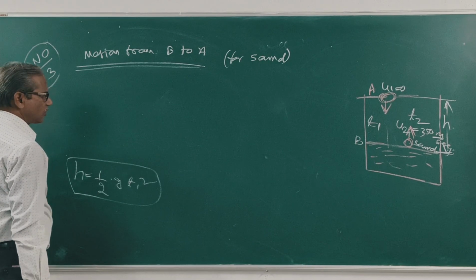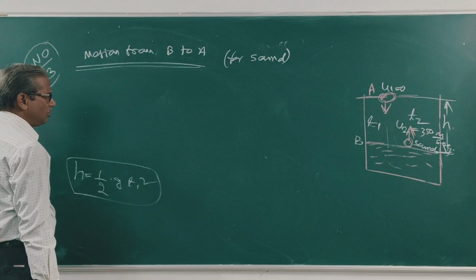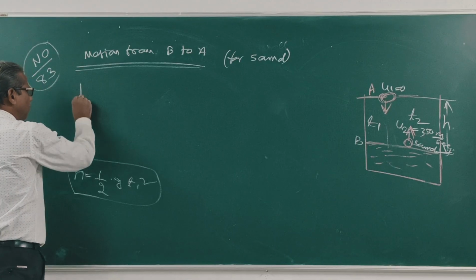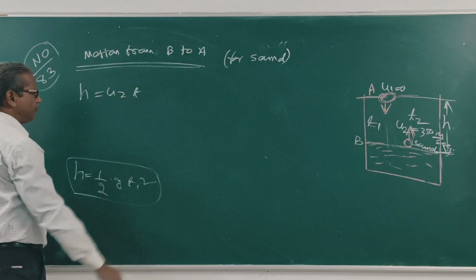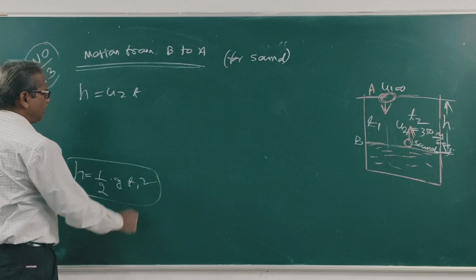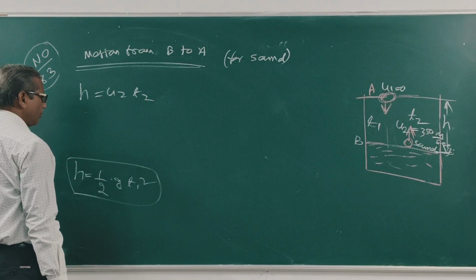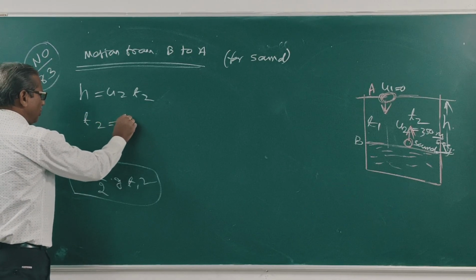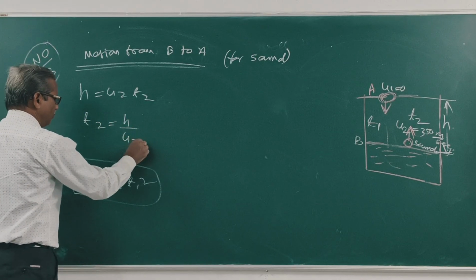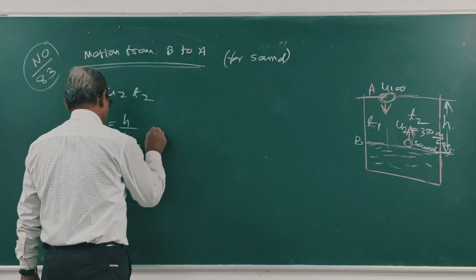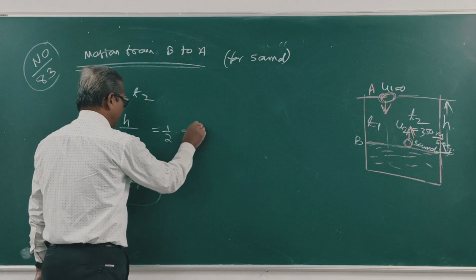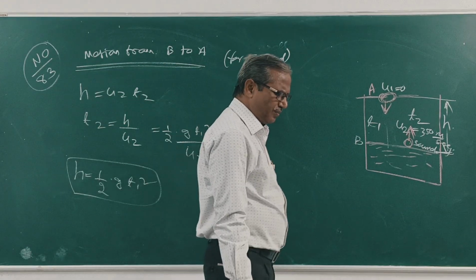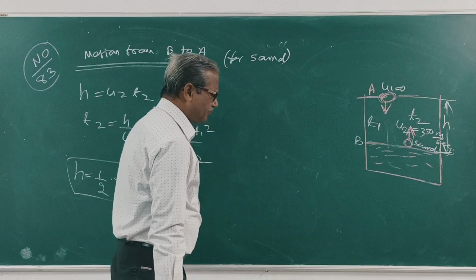For sound, S is equal to V into T, so H is equal to U2 into T2, right? So T2 is equal to H by U2. What is H? Half G T1 square. So T2 is equal to half G T1 square by U2. Clear? This is T2.